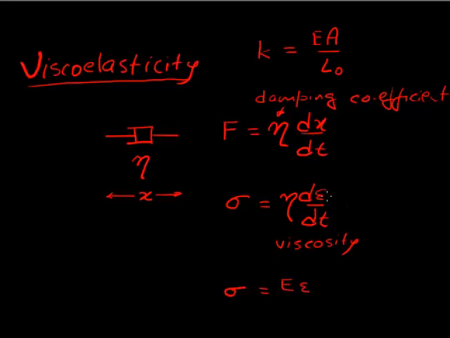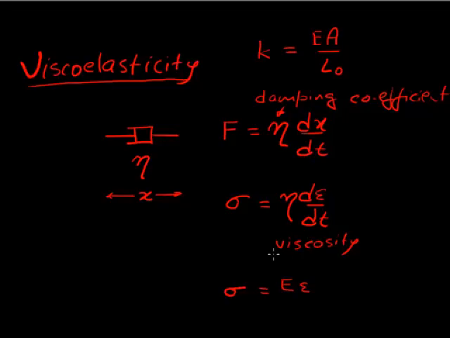So if we know the rate of change in strain, and if we know the stress, and we can find a linear relationship between the two, then we have the viscosity of the solid material.